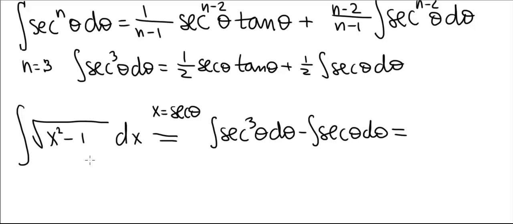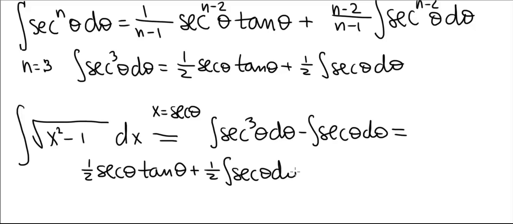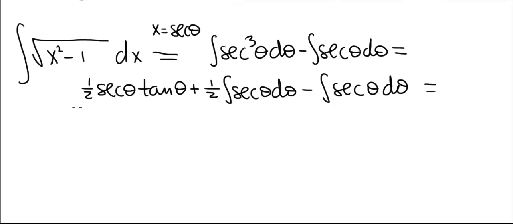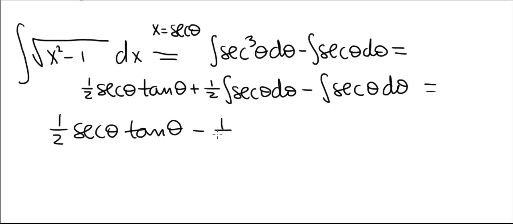The integral of secant cubed is 1/2 secant theta times the tangent theta plus 1/2 times the integral of secant theta, and then minus the integral of secant theta. So this simplifies to 1/2 times secant theta tangent theta minus 1/2 times the integral of secant of theta.